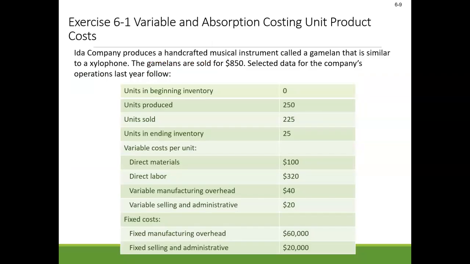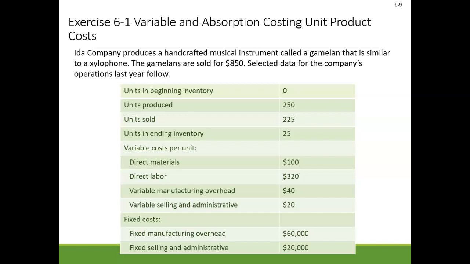Ida Company produces a handcrafted musical instrument called a gamelan that's similar to a xylophone. Gamelans are sold for $850. Selected data for the company's operations last year followed. So we don't show any beginning inventory.